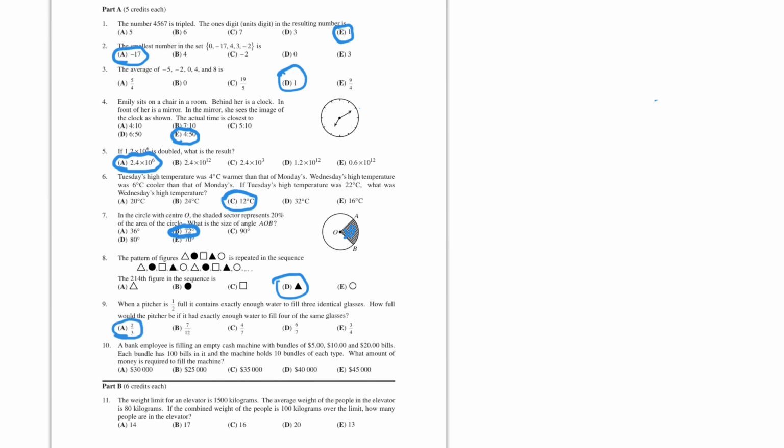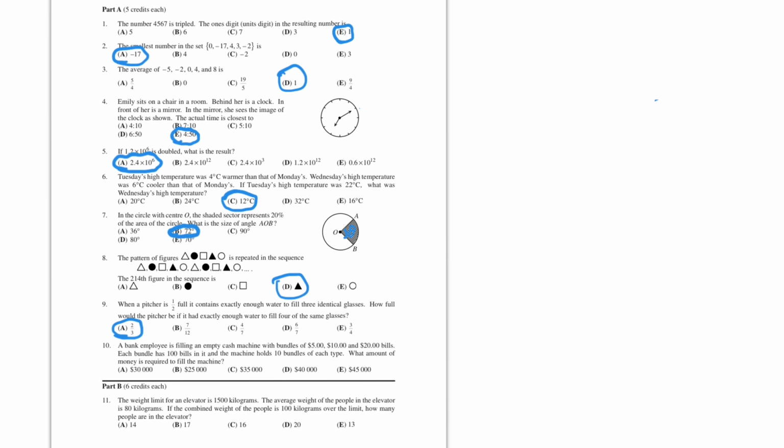Number 10. A bank employee is filling an empty cash machine with bundles of $5, $10, and $20 bills. Each bundle has 100 bills in it, and the machine holds 10 bundles of each type.